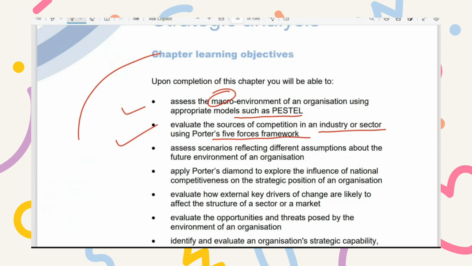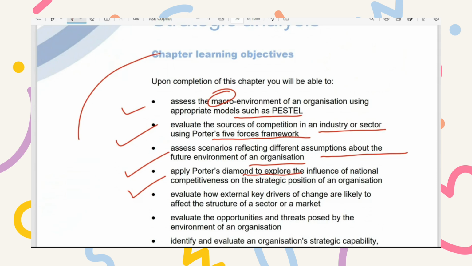You have to explain with your industry, more on the theory side or the written side, or in a presentation way as a business development approach. You have to explain all this area. Assess the scenario reflecting different assumptions about the future environment of the organization. It is an easy bit, but once you enter this chapter, you will be ready to understand all areas of the learning.